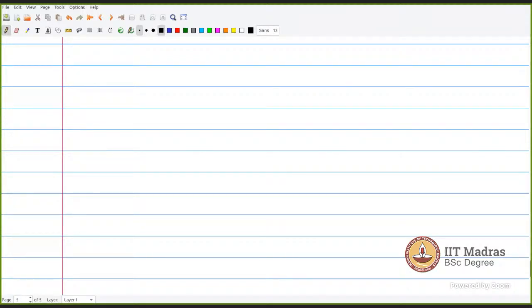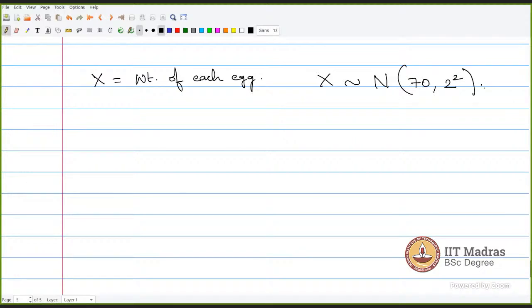Right. Okay. So x is a random variable which is the weight of each egg, and this follows normal with mu 70, so normal 70 comma 2 square. So it is given to us.